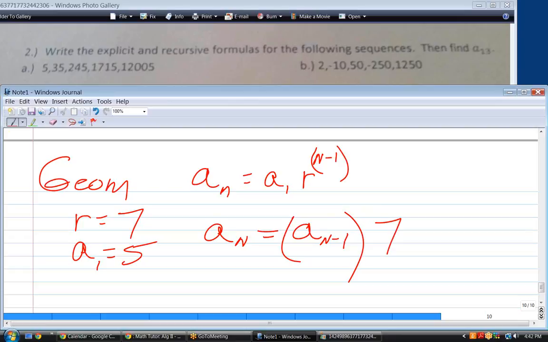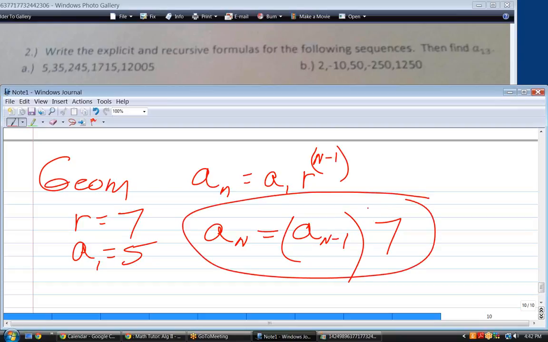Any term in the sequence is equal to its previous term times 7. In other words, the fourth term is equal to the third term times 7. All right. And with geometric sequences, it's always this easy. The recursive formula is always the previous term times the common ratio.